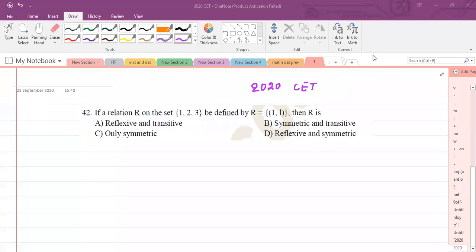So we have done many problems similar to this. Yes, definitely it's option B.